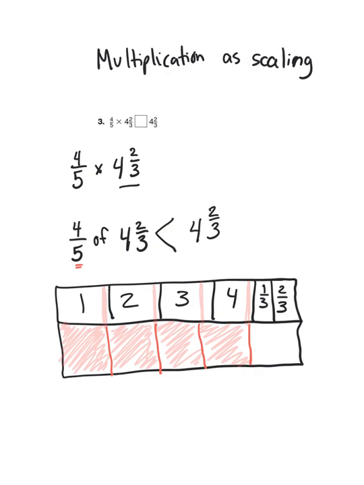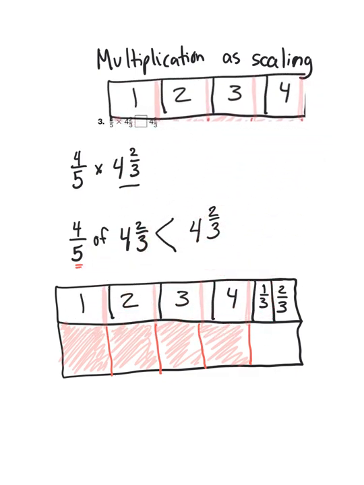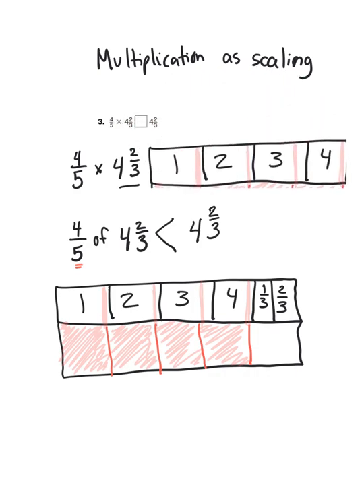Okay, so this portion here is approximately 4/5 of 4 2/3. So that is going to be less than 4 2/3. We're taking a piece of 4 2/3.